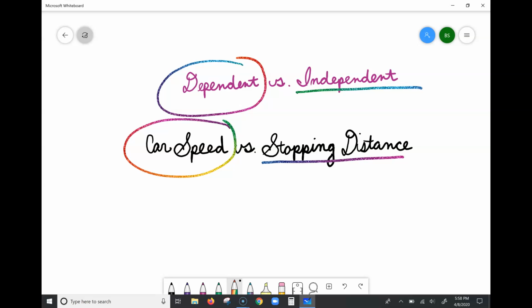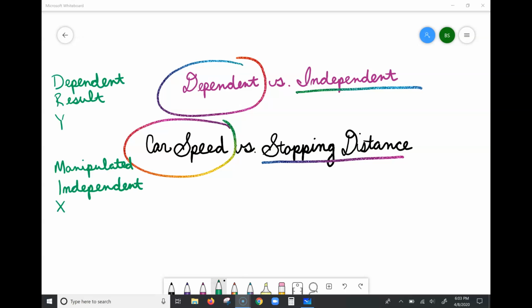Think about that. If my stopping distance is my independent variable, then it should cause the dependent variable because of what we've learned with DRY MIX. Remember that the dependent variable is the result of the manipulated variable.